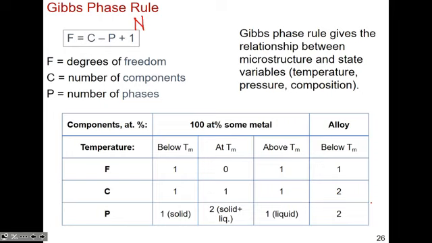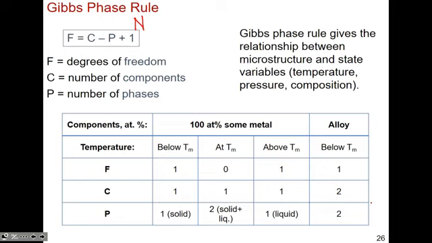They generalize it to N. Here in your Shackelford book, they say 1, because they already assume that you're working at 1 atmosphere and you're only changing temperature. That's where this 1 comes from. So if you're thinking about changing pressure and temperature, Shackelford already says, let's just always operate at 1 atmosphere, and thus you only have 1 non-compositional variable that you're going to change, and that's your temperature. So that's why the 1 is there.